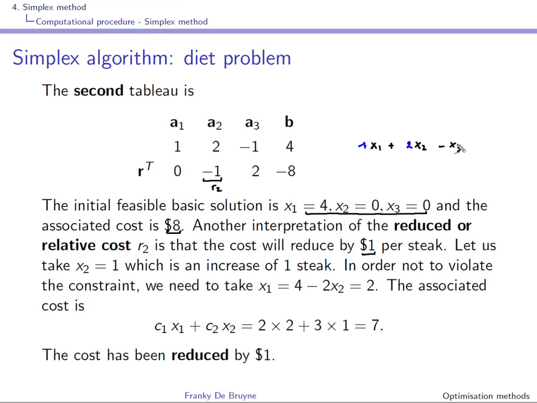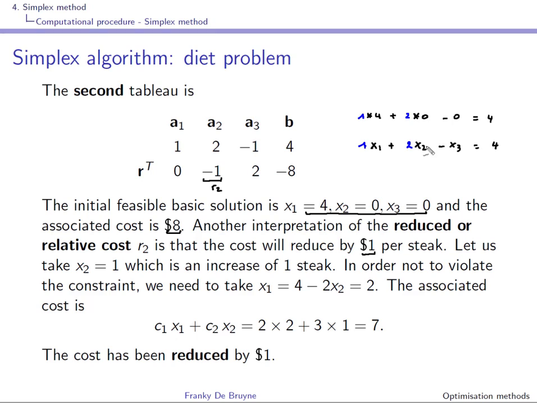This is to bring everything to an equality. So x3 is a surplus variable, is equal to 4. And we can see indeed that our initial feasible basic solution meets the constraint, because we have 1 times 4 plus 2 times 0 minus 0 is equal to 4.